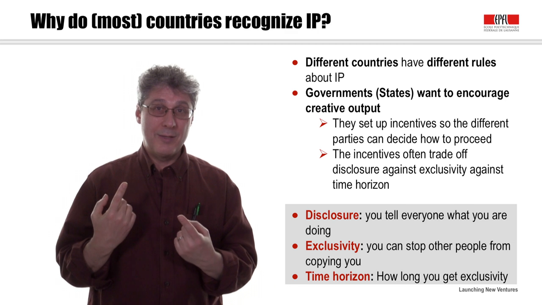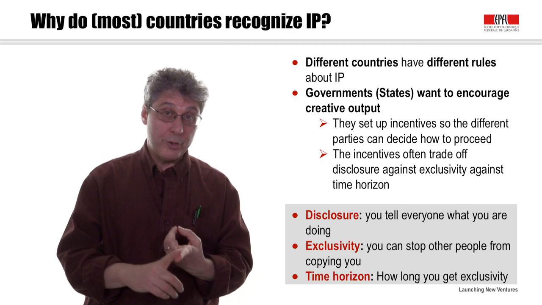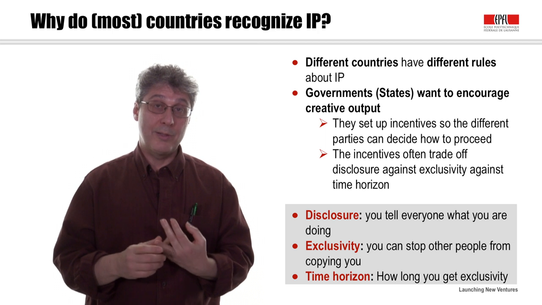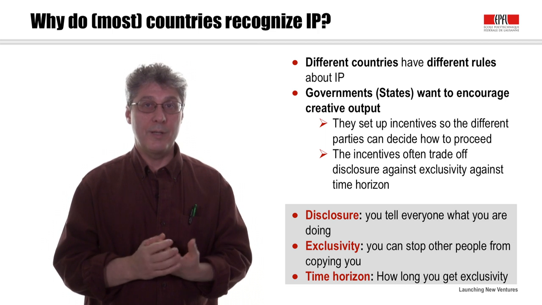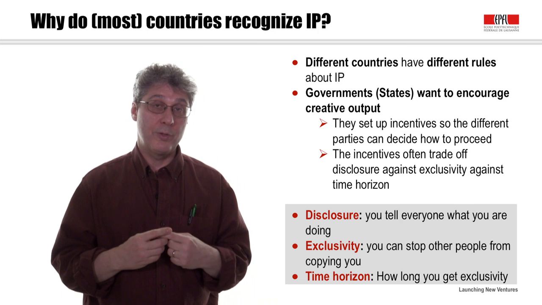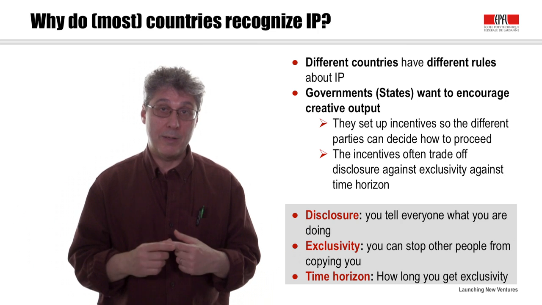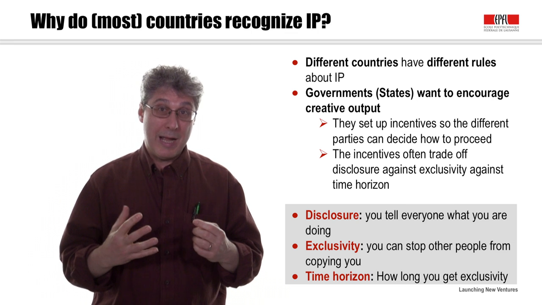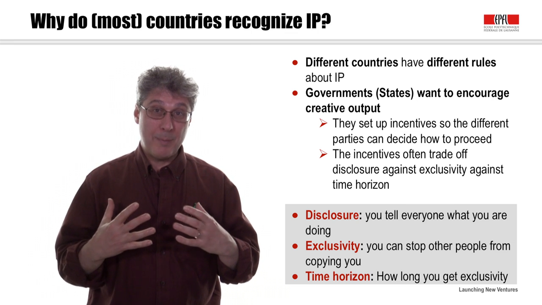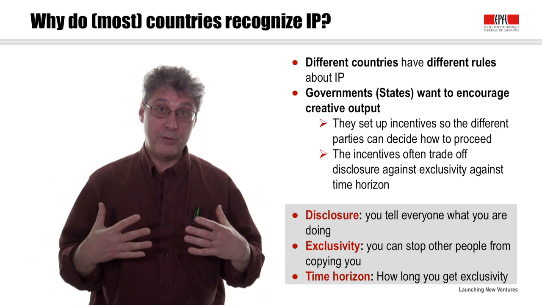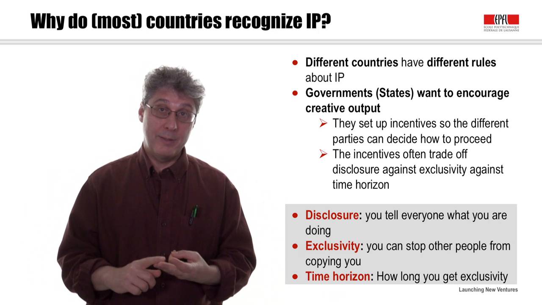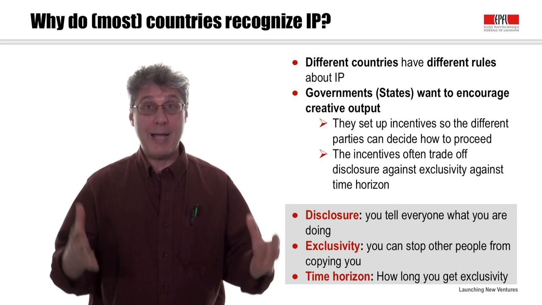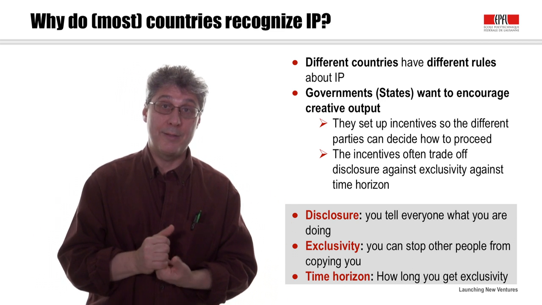There's usually some kind of rules about the disclosure, there's the exclusivity, and there is the time or the term of the protection that you have. So disclosure is just how much information you need to give out. Exclusivity is how much you can keep this to yourself to prevent others from copying you. And the term is how much time you have exclusivity if you have it.